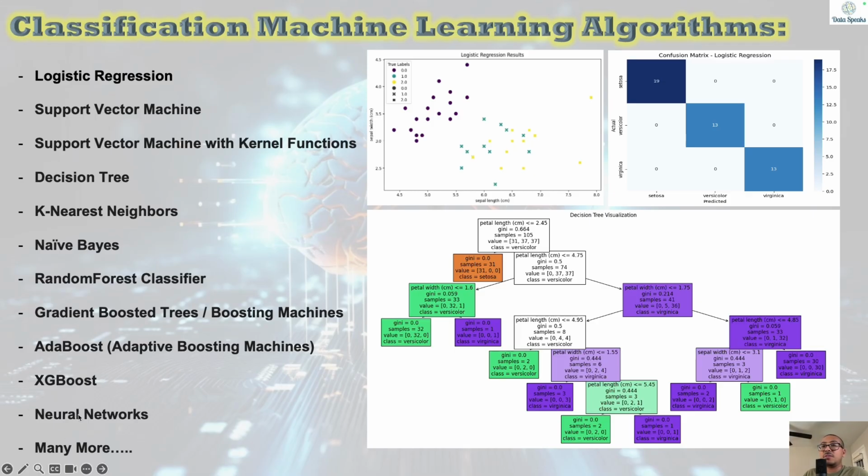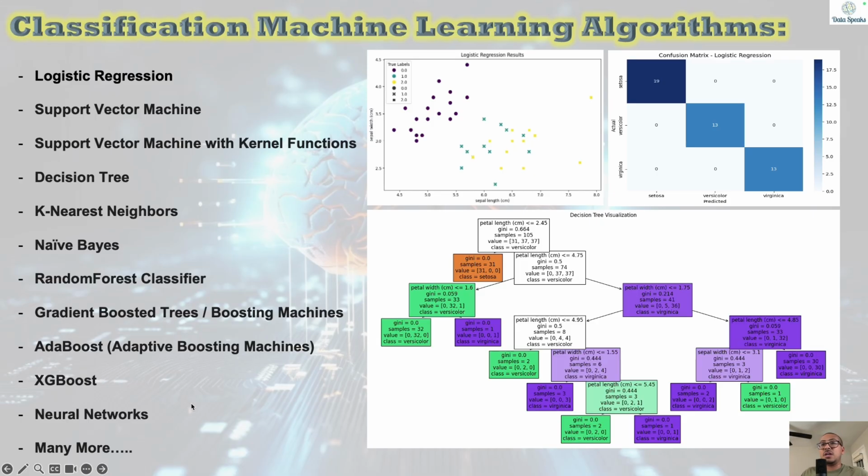Now we have another very powerful and very popular type of classification and regression machine learning model, that is neural network. Neural network is not only used for classification and regression tasks in general, but also for many complex types of problems such as deep learning and natural language processing, etc. So neural network is powerful, popular, and gaining a lot of popularity to solve complex business problems.